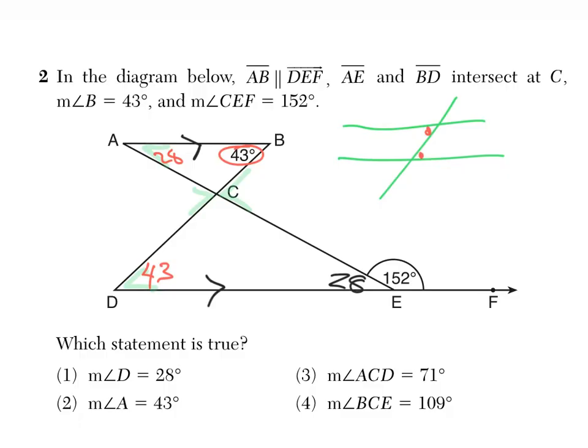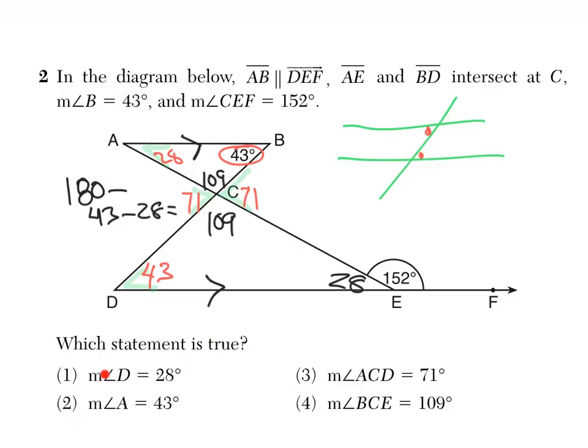We do 180 minus 43 minus 28, and we get 109. So this has got to be 109 degrees. This has got to be 109 degrees. And then finally, because this is a linear pair, that's going to make this 71 degrees and BCE also 71 degrees.